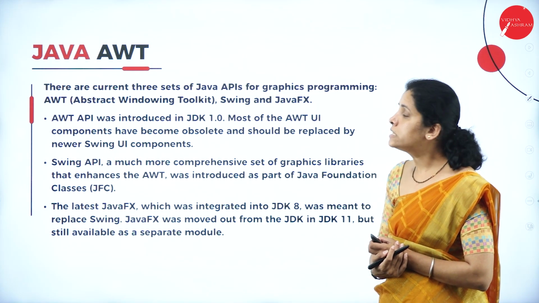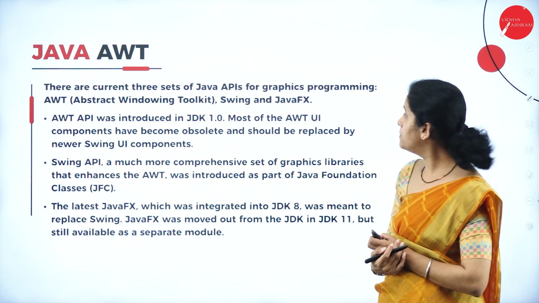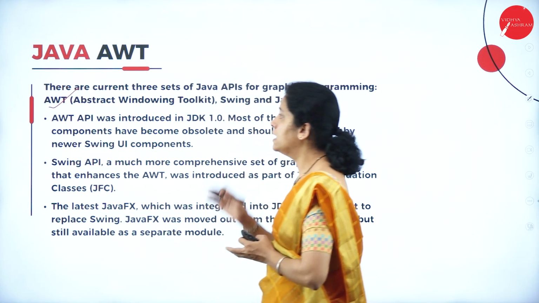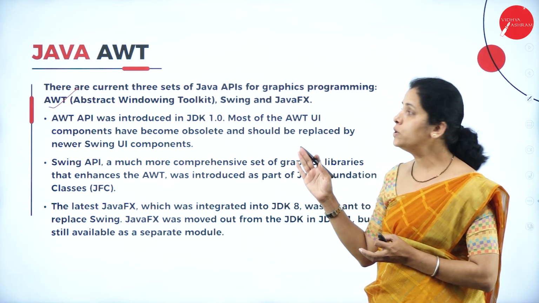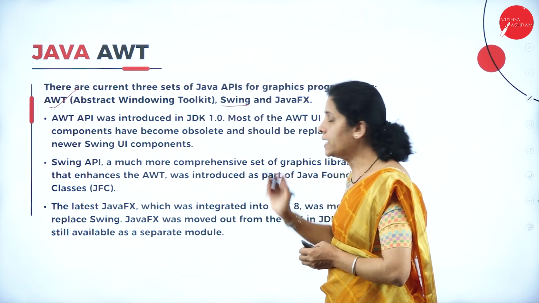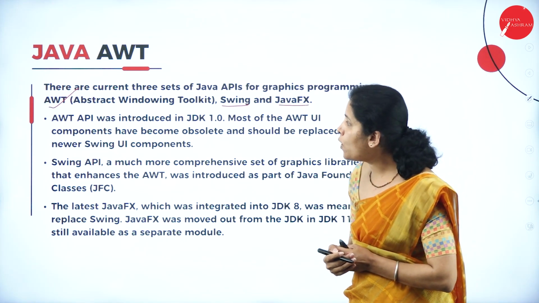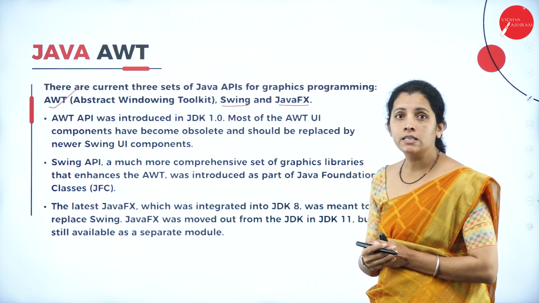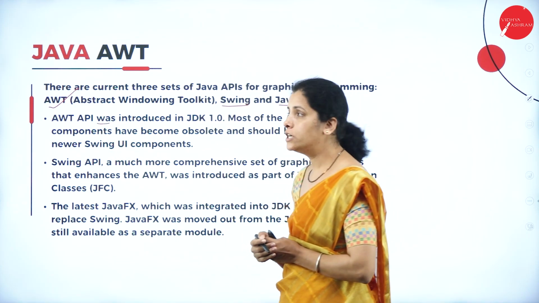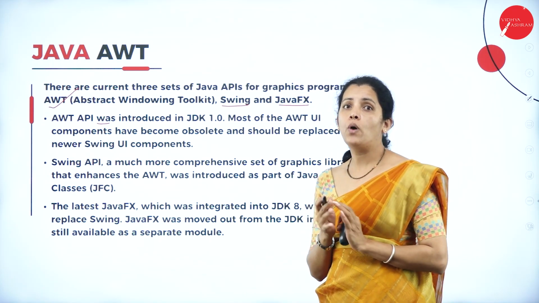Now, there are three sets of Java APIs for graphical programming. The first one is AWT, that is Abstract Windowing Toolkit, then Swing as well as JavaFX. So what is AWT? It is an API introduced in JDK 1.0. What is JDK?